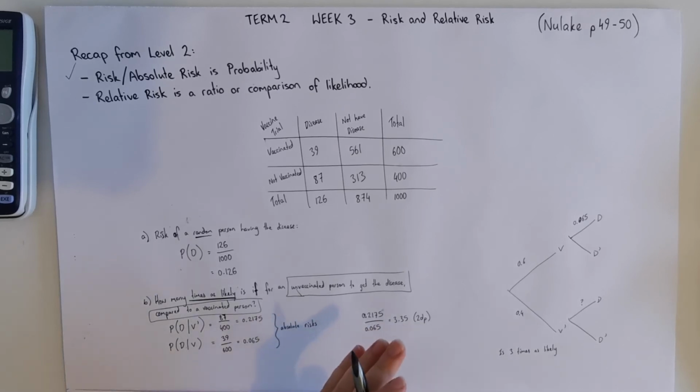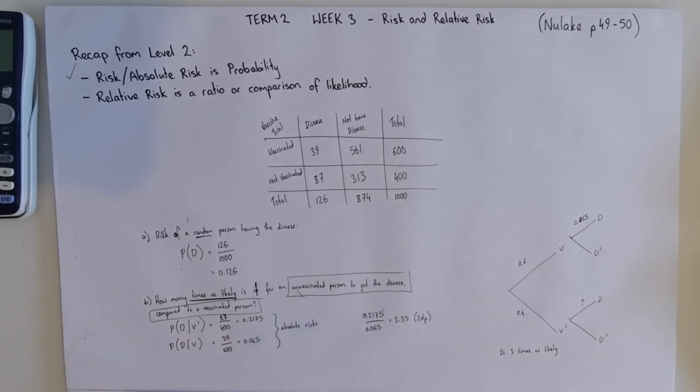Often you'll see a question that's suggesting that, say, a pharmaceutical company has made the claim that something is 3 times as likely or will reduce the risk of something by a certain amount. You're still looking at relative risk.